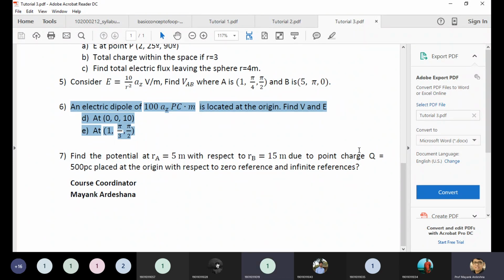Sir, for the derivations that come in Chapter 2 on electric field, which ones do we have to do? Meaning, how many derivations are there in total? See, whatever derivation we are discussing in the theory class, each and every topic will be covered. I just said the syllabus, just wait.